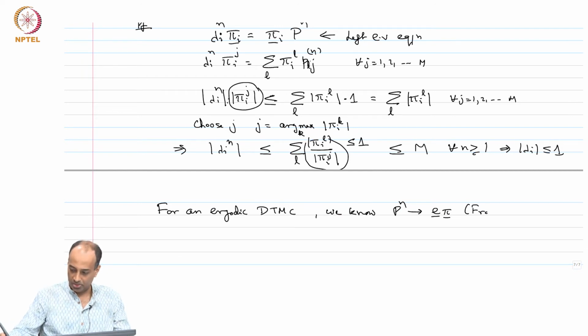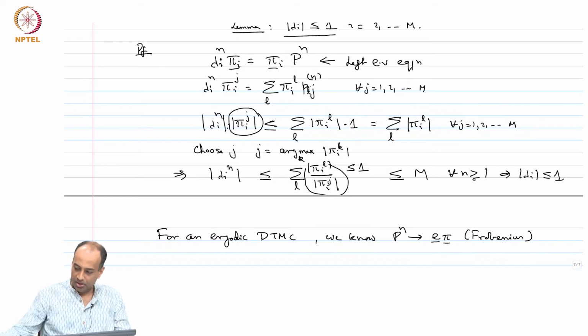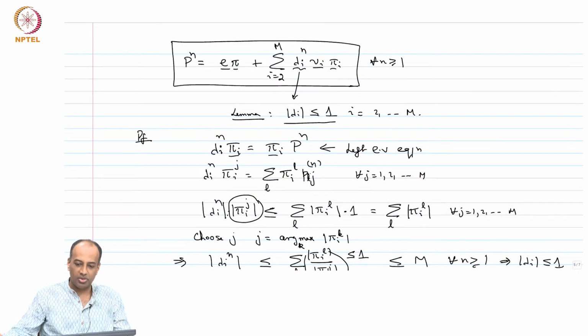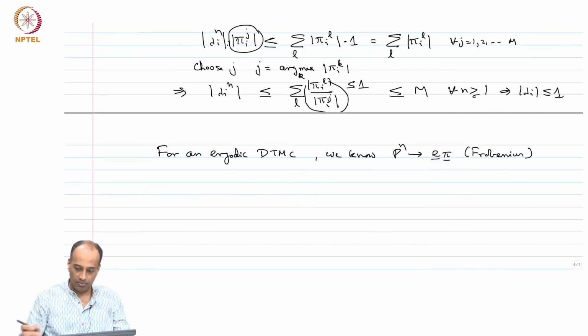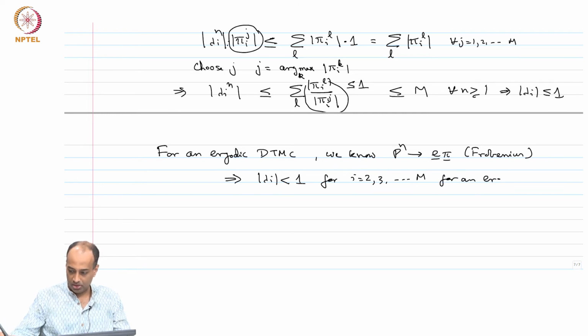This we know from Frobenius theorem, which means that if you look at this spectral decomposition, the sum from I equal to 2 to m must go to 0, and that means that all these lambda i's for 2 to m must have absolute value strictly less than 1. So, this implies the absolute value of lambda I is strictly less than 1 for I equal to 2, 3, ..., m for an ergodic DTMC.